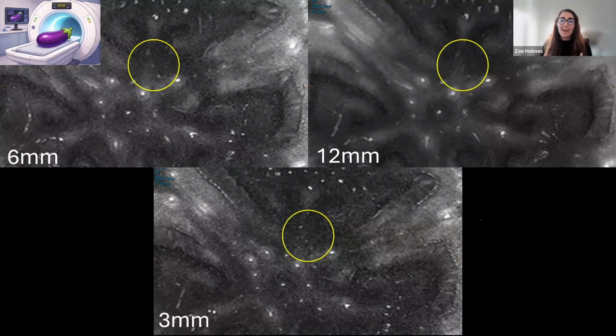If a radiologist says, "I can't tell if that's real or not," this is typically what they're talking about. Partial voluming is usually a large contributor.